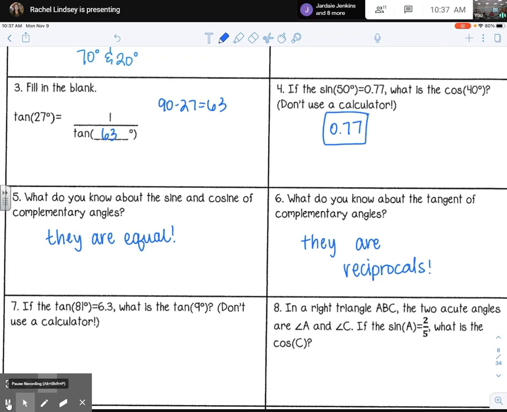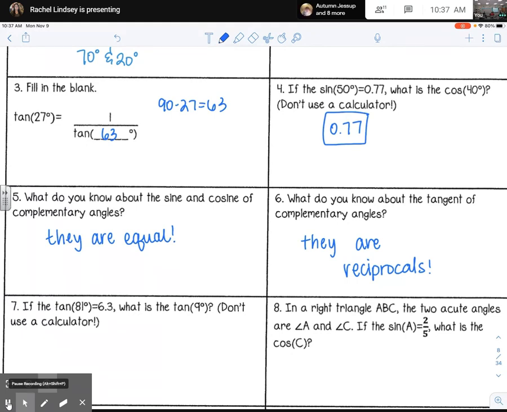Okay, on number 9, if the tangent of 81 equals 6.3, what is the tangent of 9? Are you sure it's just 6.3?